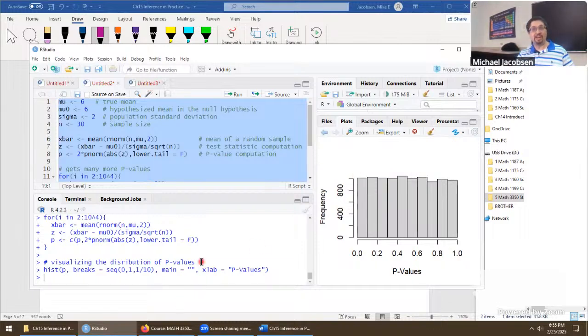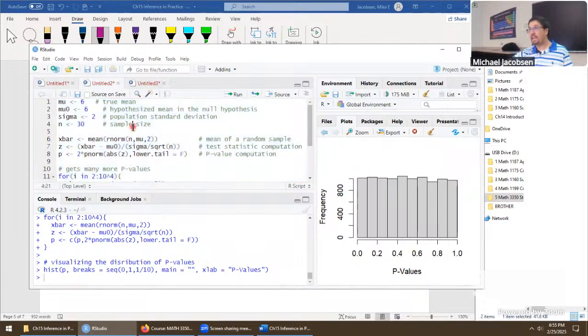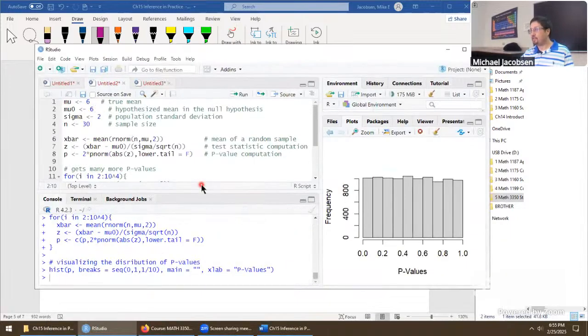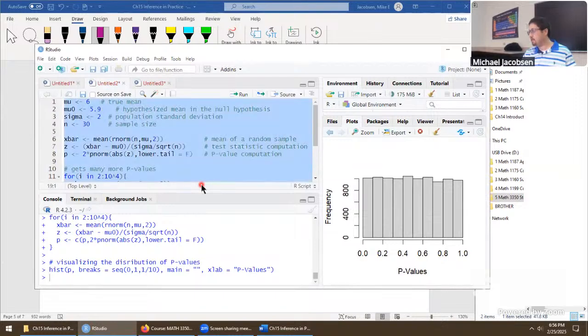That's already pretty weird. P-values want to behave in a way that they're always really small, the more false that null hypothesis is. So even if I go 5.9, run this whole thing again, still pretty flat, right?